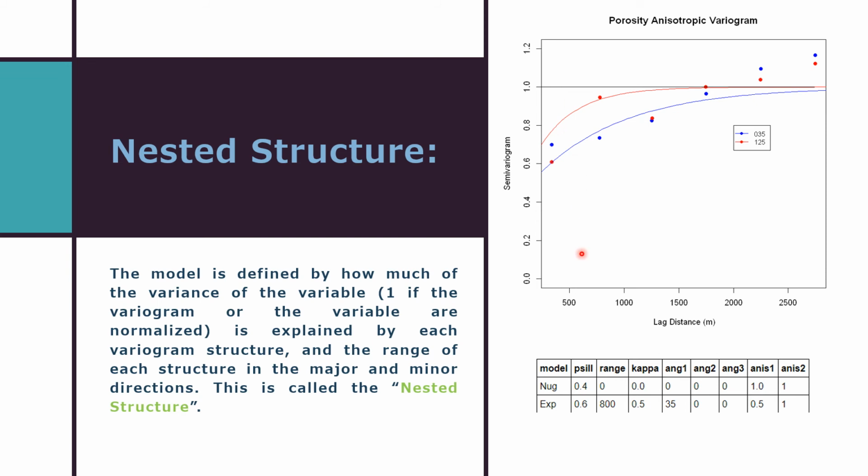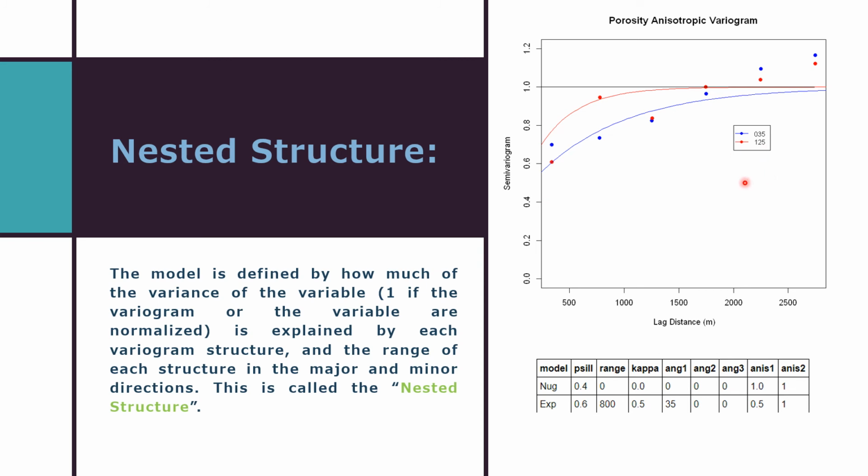For instance, here we only have two structures. For instance, the nugget effect has a CIL of 0.4. And almost always, the nugget effect has a range of 0, which practically means that you don't see it in the model. You don't see any horizontal blue or red line, because the 0 range makes the model start from 0.4, but it doesn't result in the nugget effect being shown in the model.